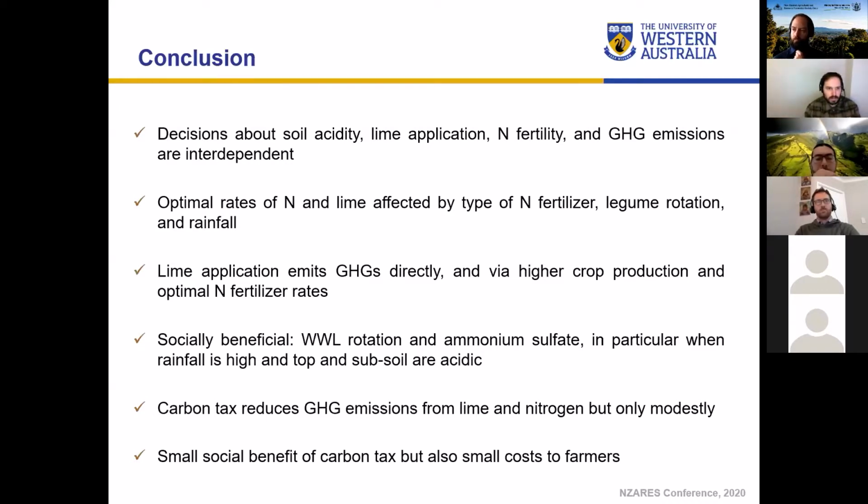Lime application emits greenhouse gases directly and indirectly via higher crop production, and we can say that incorporation of lupin or legumes in crop production and use of ammonium sulfate rather than urea would be more socially beneficial. And the carbon taxation could reduce greenhouse gas emissions from lime and nitrogen, but as I said, the magnitude was modest.